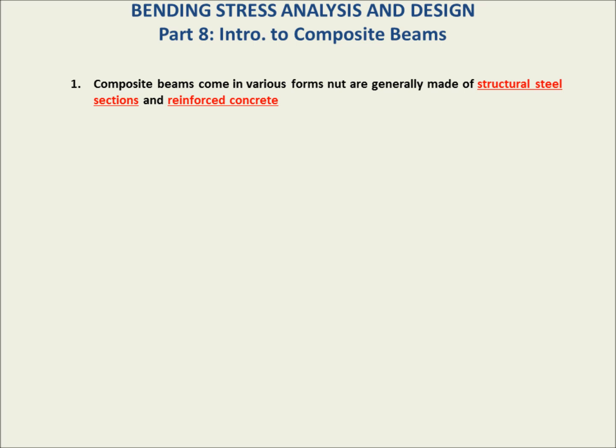Composite beams come in different forms, but are generally made with structural steel sections and reinforced concrete. They initially started out from the practice of encasing steel beams in concrete as a means of fire protection, but as lighter and better technologies have come out for fire protection of beams, this is not practiced so much.